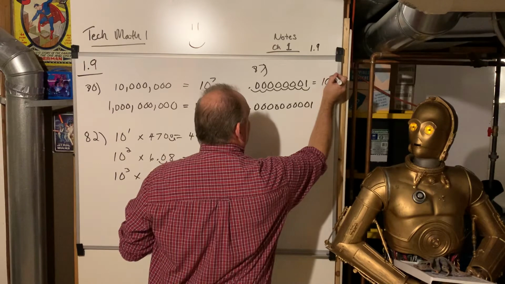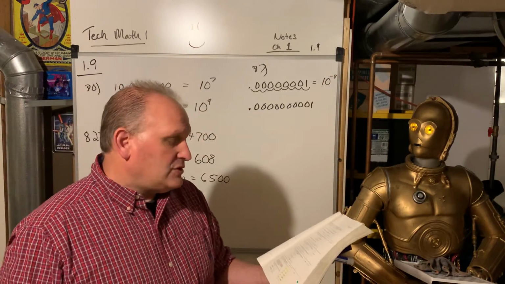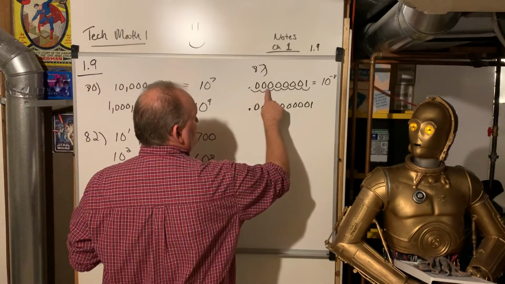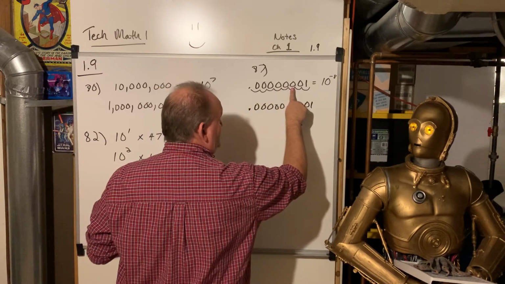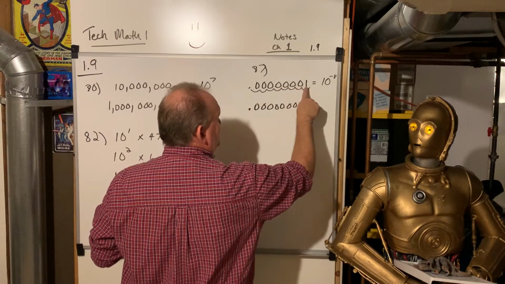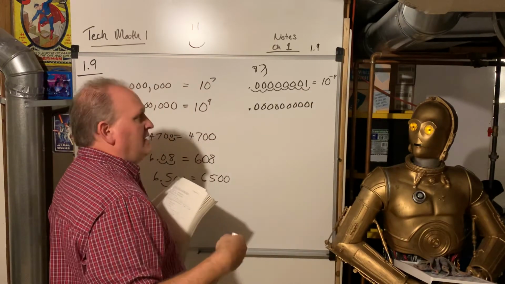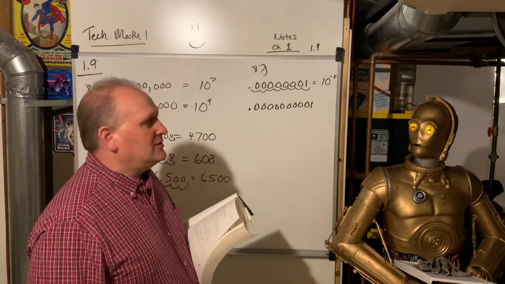So 10 to the negative 8th power. We could do that by reading it aloud correctly. This is tenths, hundredths, thousandths, 10 thousandths, 100 thousandths, millionths, 10 millionths, 100 millionths. So 100 millionth is how you would read that correctly.